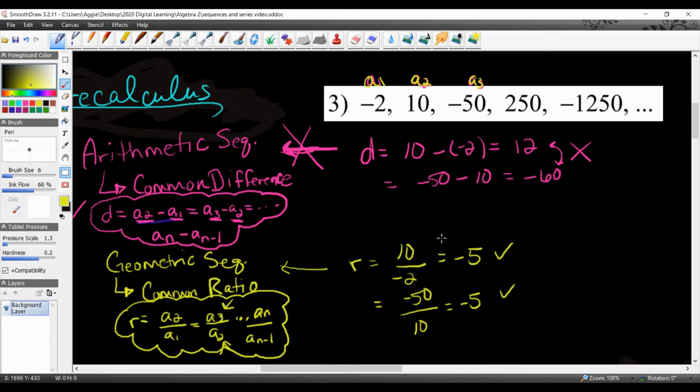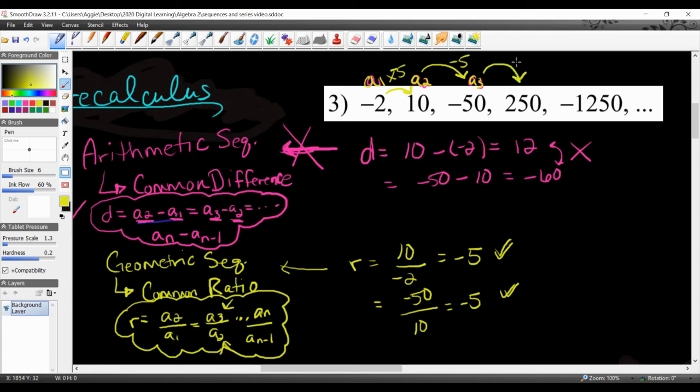So far we have 2 check marks. To make the process go by faster, for those of you who don't like doing all this work, let's just look at the pattern here. From here to here, we multiplied by negative 5. From here to here, we also multiplied by negative 5. So far, our work is checking out. Let's try the next one, see if we can get away with a step here.